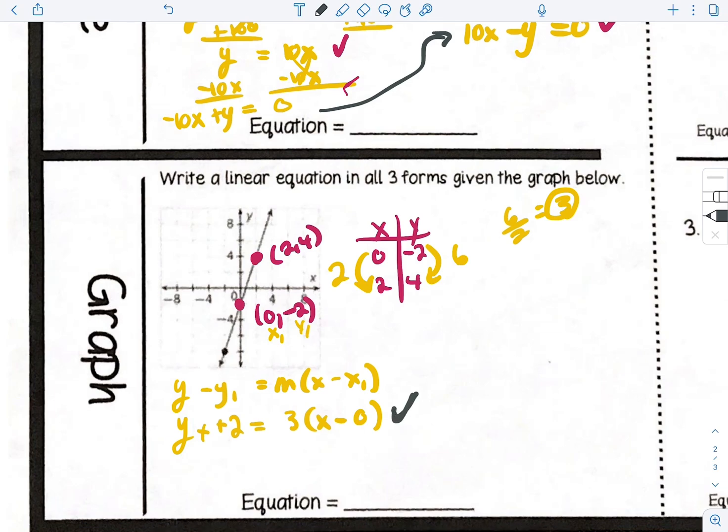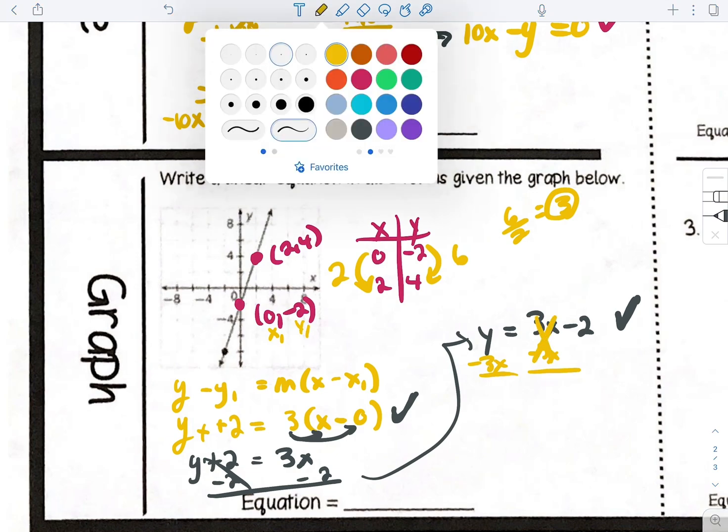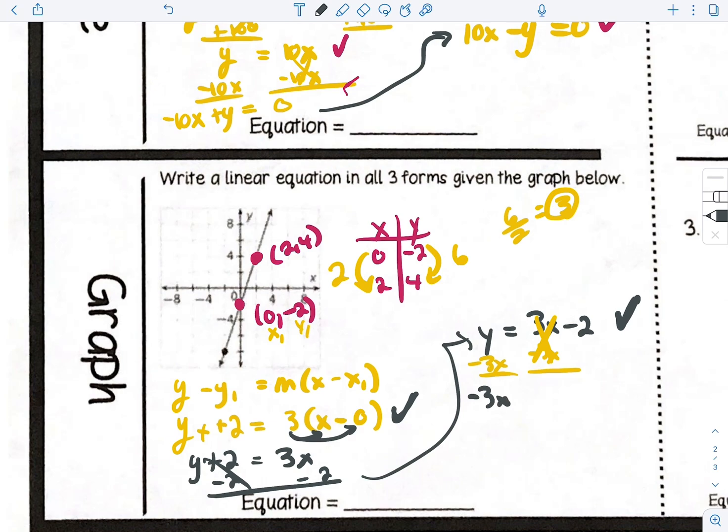So we already got one form. To put it in slope intercept form, remember to distribute. And this is y plus 2 equals 3x. Subtract 2 from each side, and we're given y equals 3x minus 2. So that's slope intercept form. From here, we subtract 3x from both sides. We have -3x plus y equals -2.